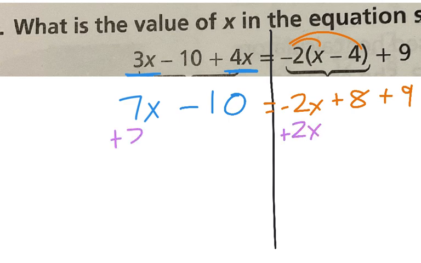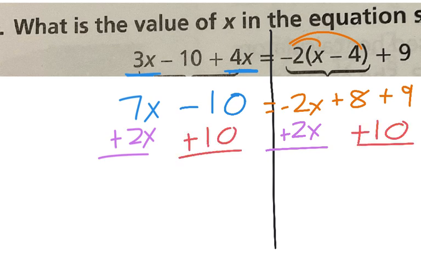Plus 2x and plus 2x. But I also need the negative 10 to go to the right side. So I could add 10 and add 10. See how I did it once on each side? Just once on each side.